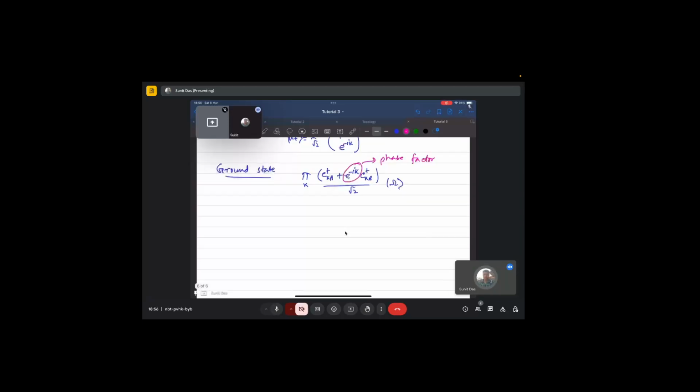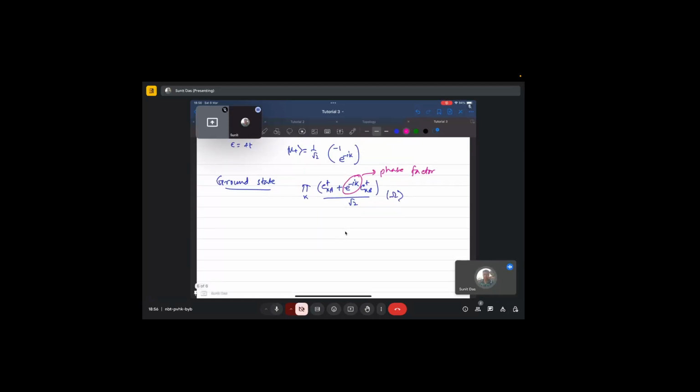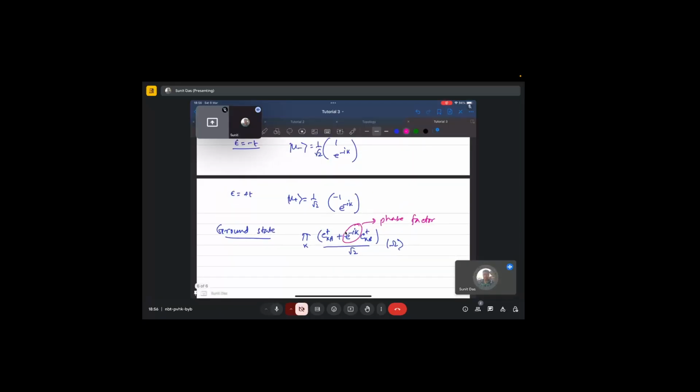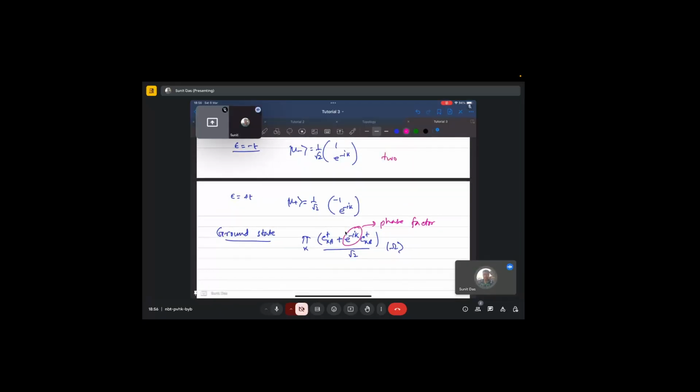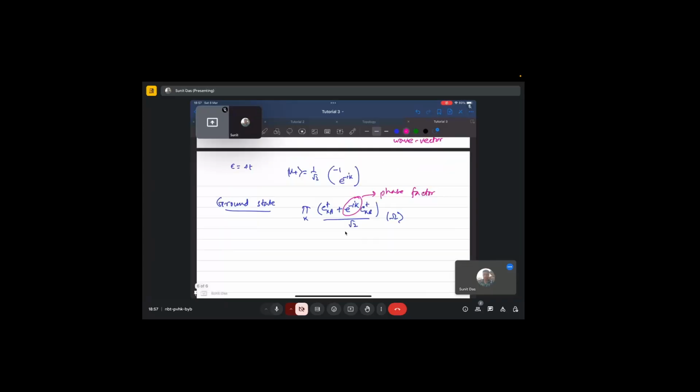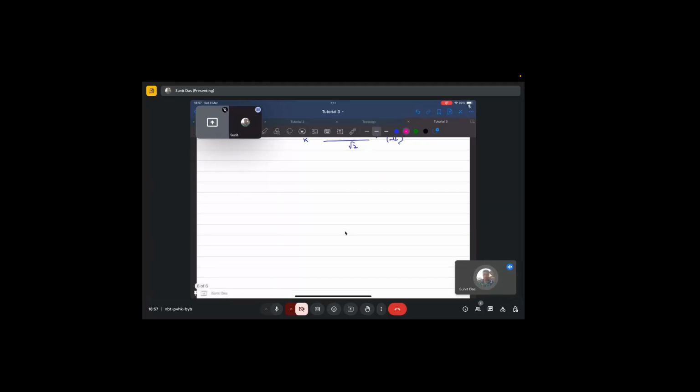So, before that, let's remind ourselves that this is a two component wave function, right? Two component wave vector or wave function, and this two component wave function can always be represented in general in polar coordinates.